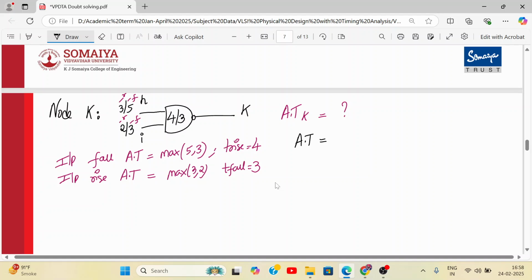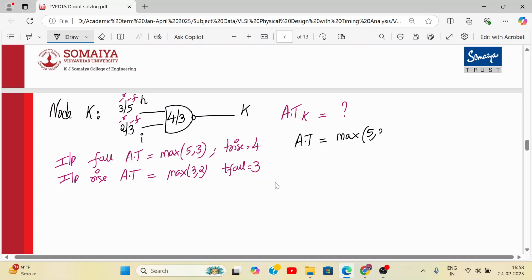Output rise arrival time will be the maximum of input fall arrival time plus T rise.